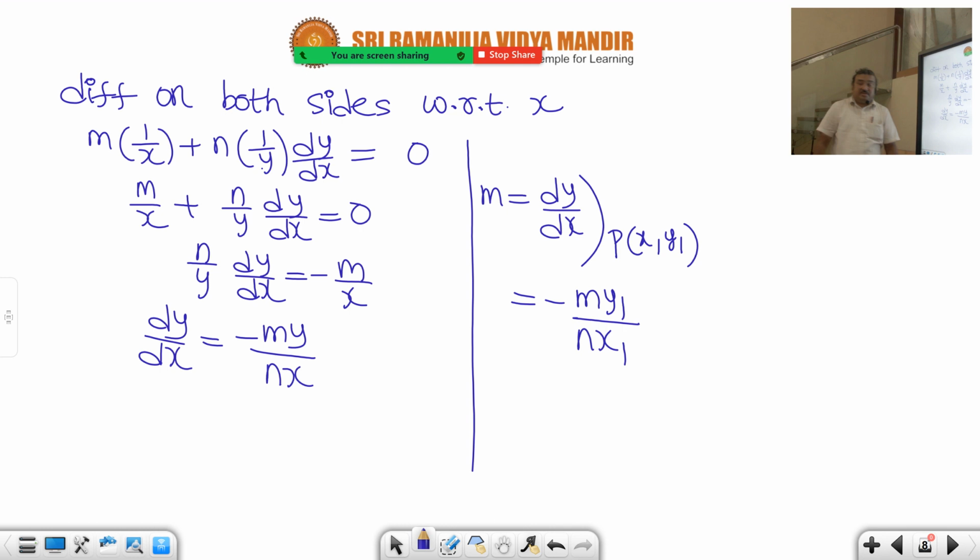Correct? Now students, with the help of this point and this slope, calculate equation of tangent.